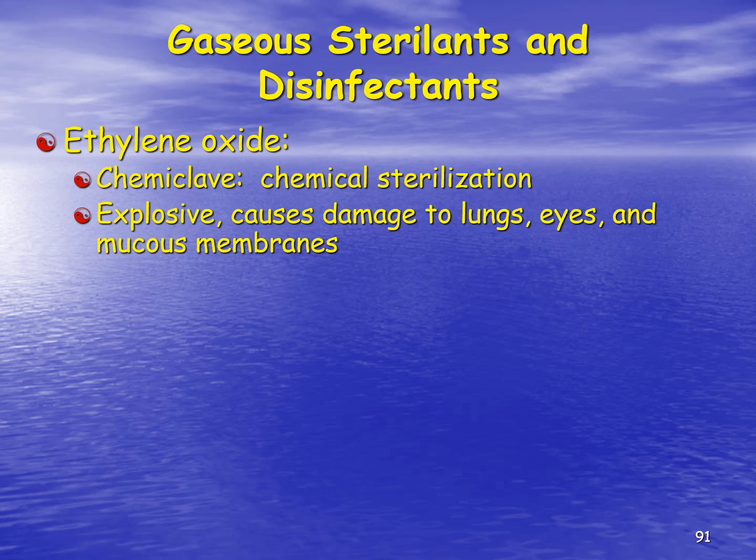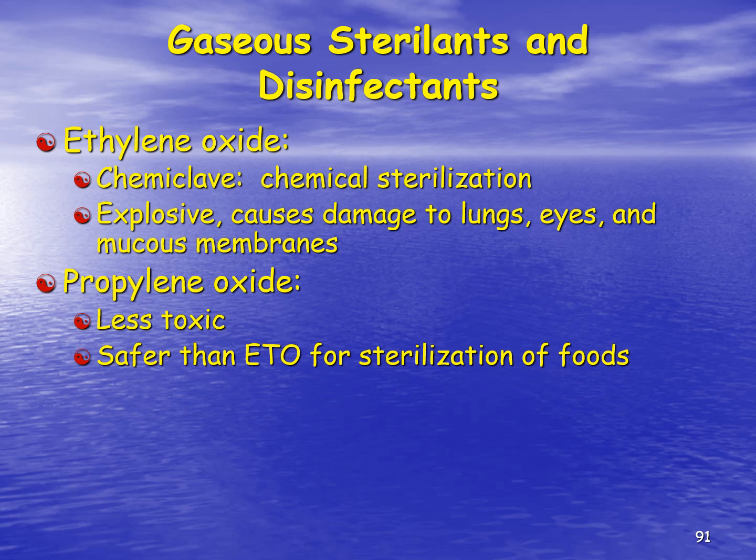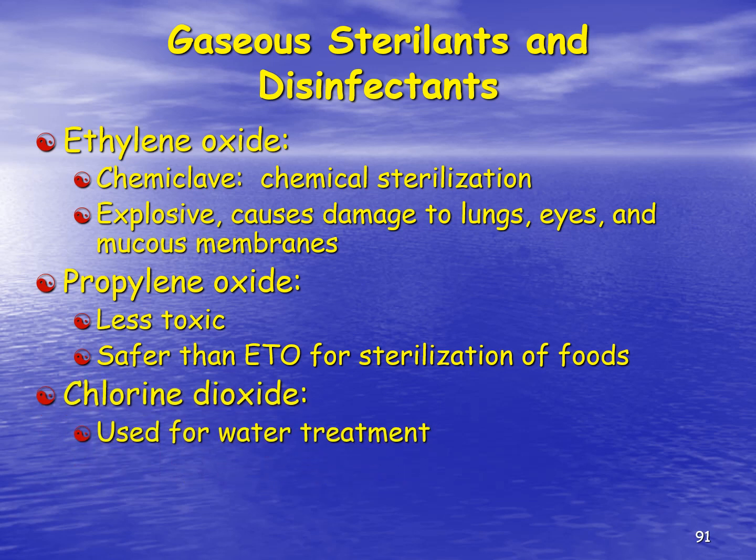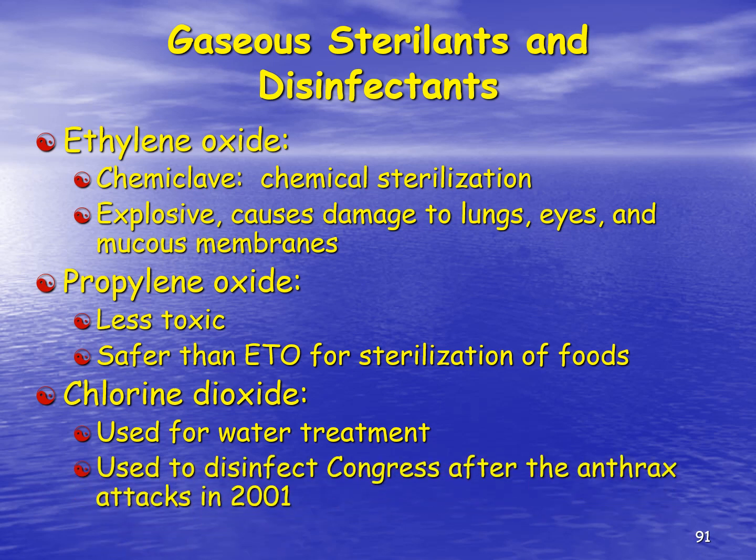And so the chemiclave will collect the used ethylene oxide and return it to storage where it does not become irritating. Propylene oxide is less toxic than ethylene oxide, and so it is often used in the sterilization of foods. Chlorine dioxide is used primarily for water treatments as a gas sterilant. And this was also used to disinfect the halls of Congress after the anthrax attacks in 2001.